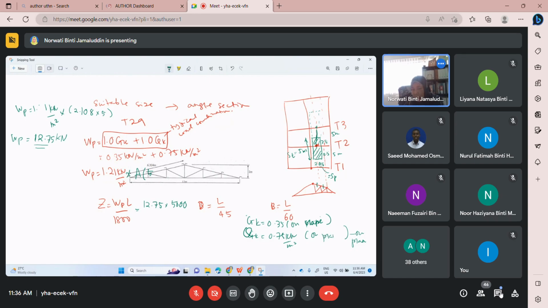QK on plan, so we need to convert to on slope. Kejap ya. Apa nak convert on slope ya? Kenapa tak on plan?